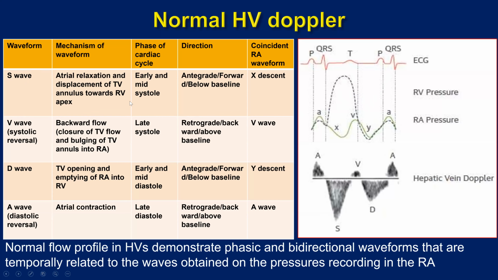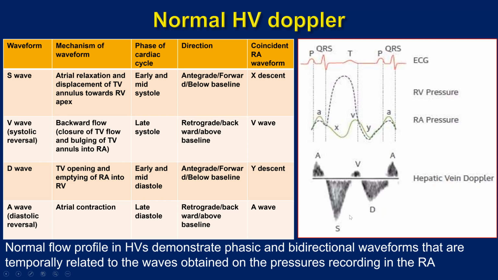It occurs at early and mid systole. We said this is the systolic wave of the ventricle, when the tricuspid valve annulus descends, will create negative pressure and will make the blood flow from the right atrium to the right ventricle.